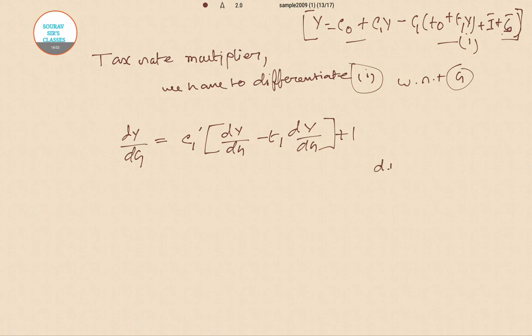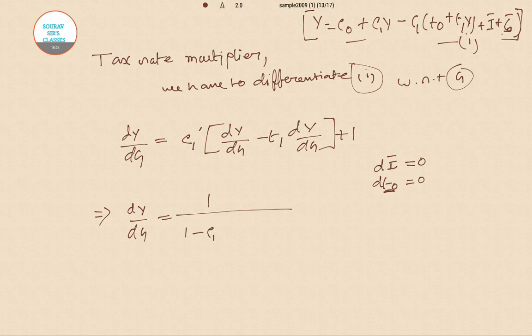Why? Because we know dI bar will be 0 because I is exogenous, and the change in T0, which is also constant, will be 0. Now from here we can simply find the multiplier, dy by dg, which equals 1 by 1 minus C1 times 1 minus T1.